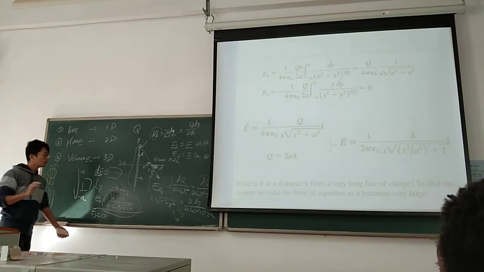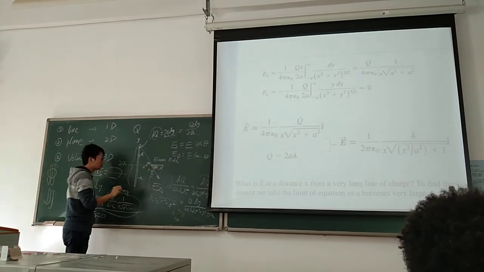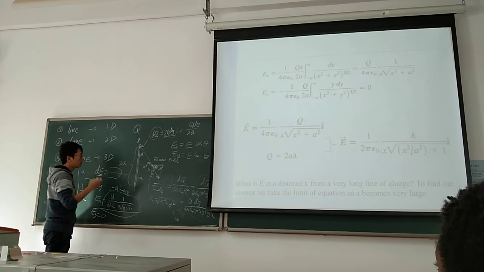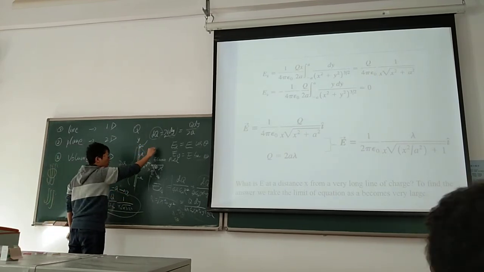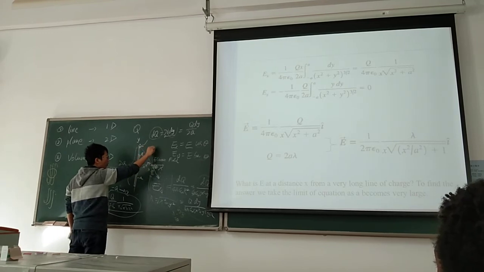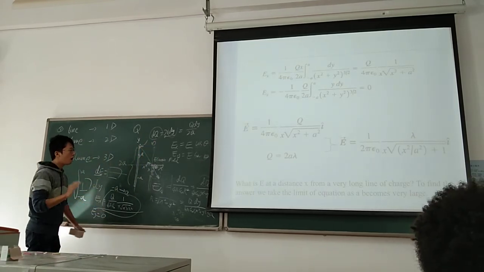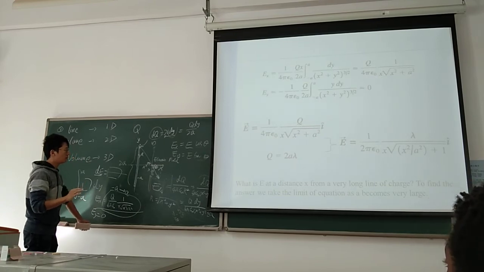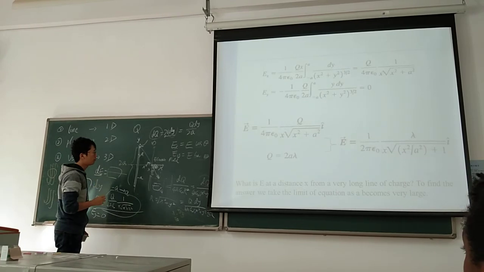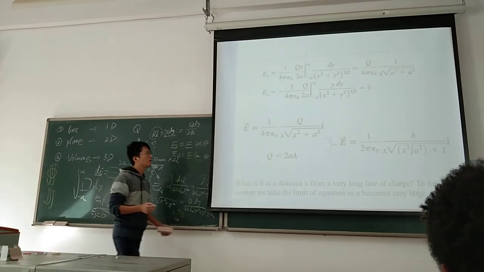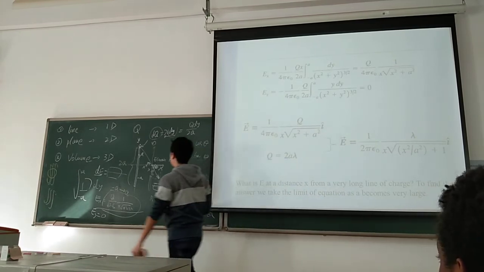Ey equals 0 means at the point x, the electric field due to this charged line in the direction parallel to the y-axis equals 0. So there is only one direction at this point that has the electric field, and that direction is parallel to the x-axis.